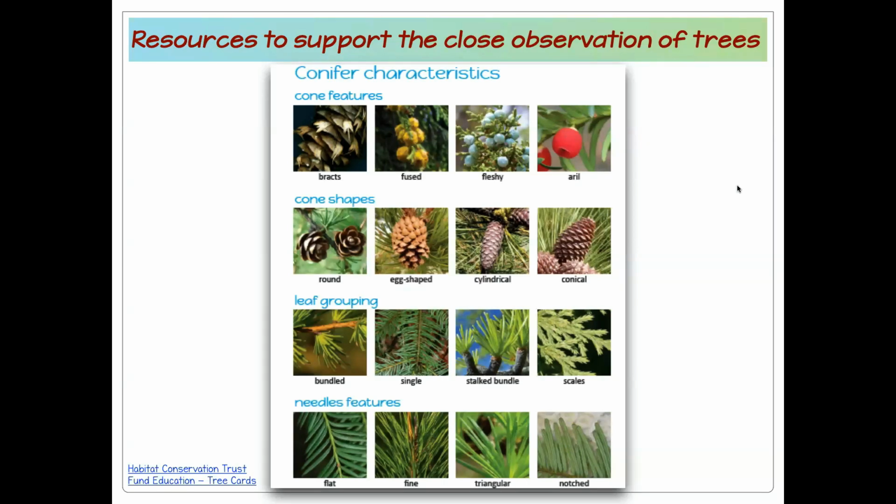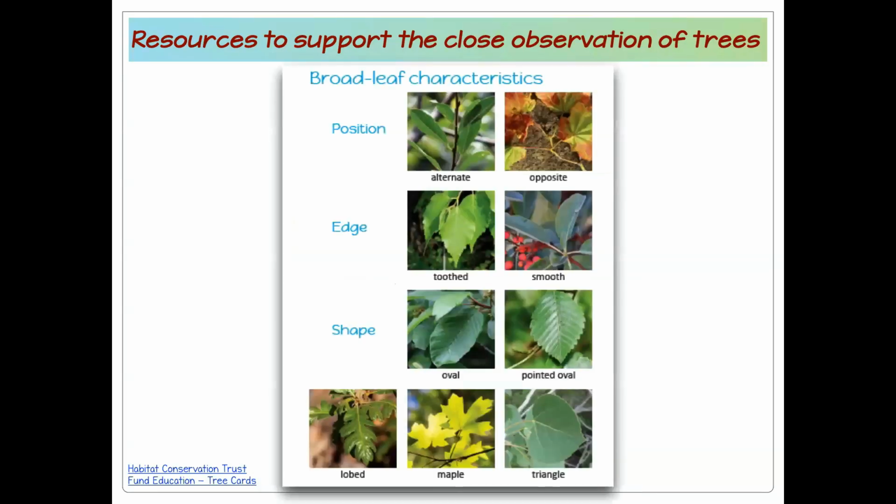Like, what can we learn about how trees and leaves are constructed and designed, and what's their purpose? What are some ways that we can learn about life cycles and things like that from a close observation of trees?